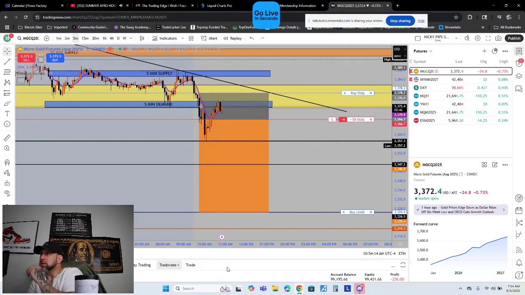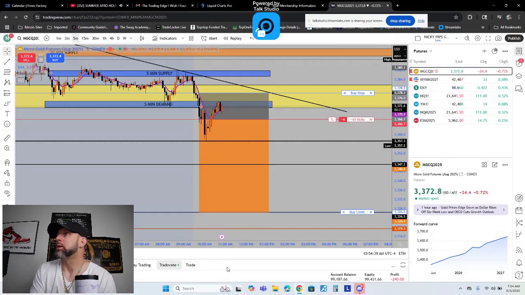Now we got 45 seconds. I'm hoping we can continue to reject that 5 minute demand, because this next candle will determine that.